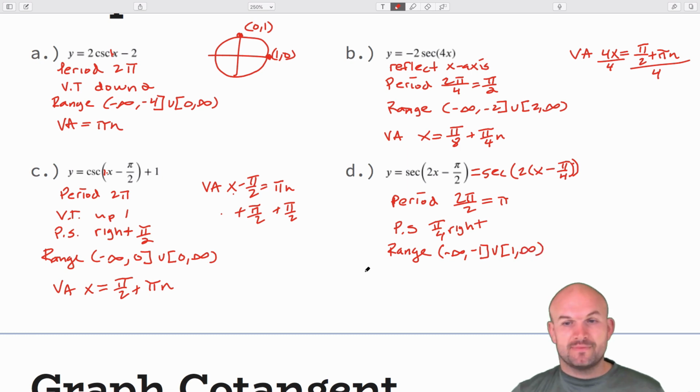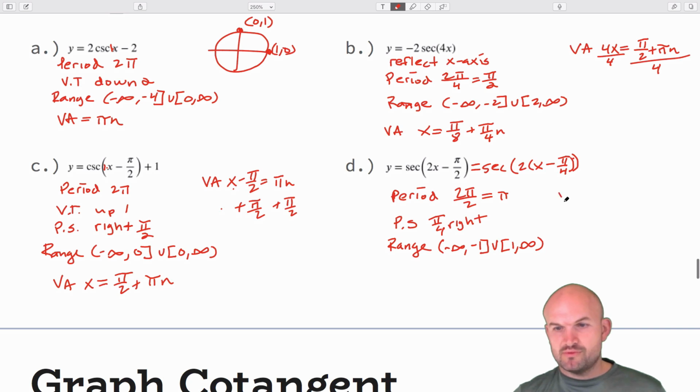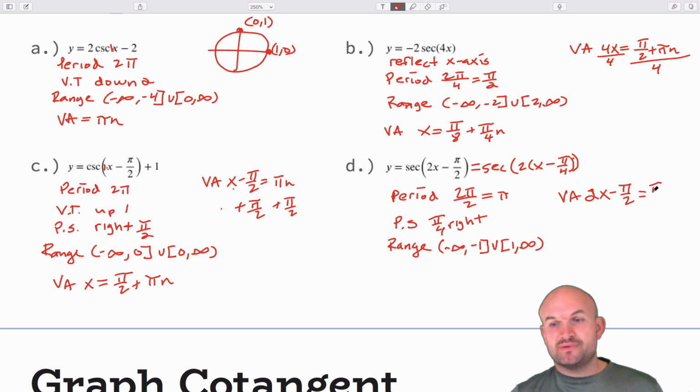And then my vertical asymptote, this one's going to be a little bit more work. We set whatever's inside our function, and you could use the simplified version or the original equation: 2x minus pi halves equals, for secant, pi halves plus pi n. When I add pi halves to both sides, pi halves plus pi halves is pi, so it's pi plus pi n.